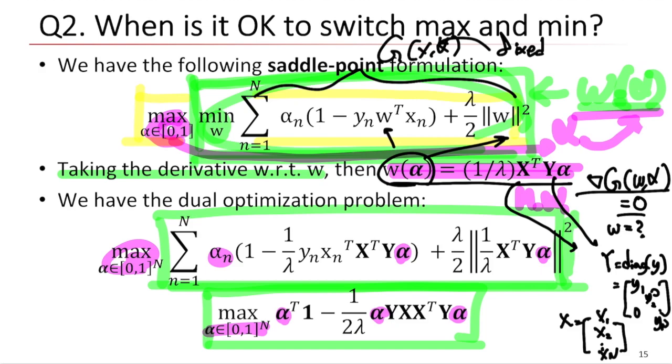Then if we find the alpha, we can solve the w of alpha from here. Then finally we can get the machine parameter w that we want to solve. Okay, so this is the strategy of the SVM technique using the duality.